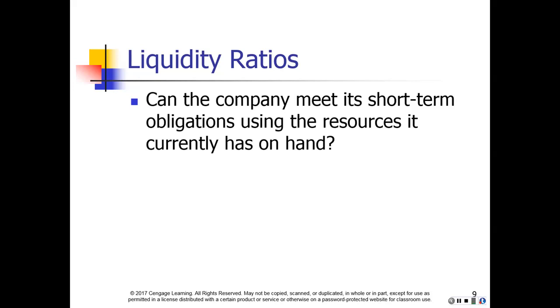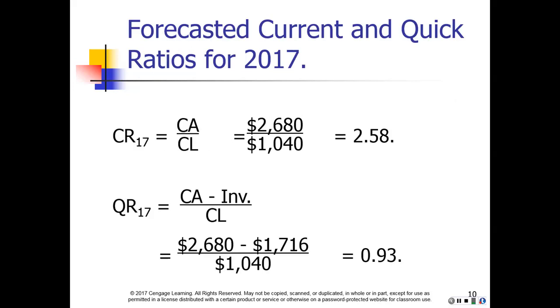Can the company meet its short-term obligations using the resources it currently has on hand? We use a bunch of ratios, which we call liquidity ratios, to get those answers. Here are a couple of those. The current ratio is the total of current assets divided by current liabilities.